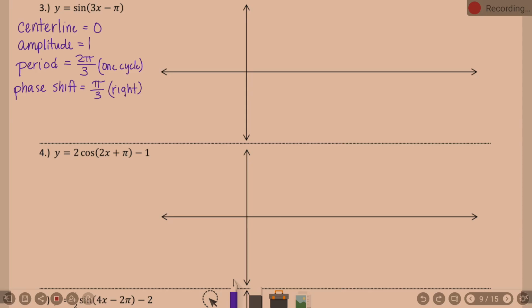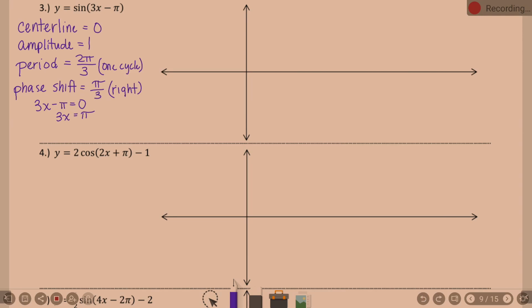Here's the other thing you can do. You can also take what's in parentheses there and set it equal to 0. And this is so if you get confused on your signs. You take 3x minus pi and set equal to 0. Add pi over. So I have 3x equals pi.